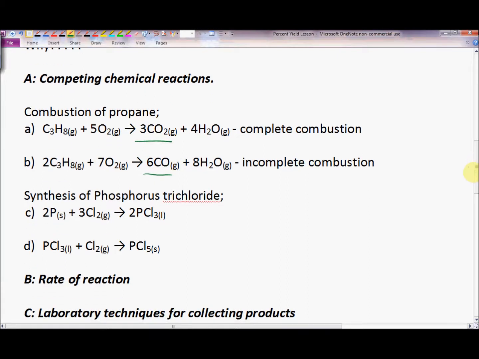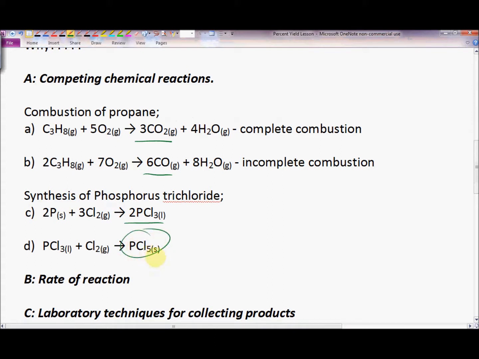Here's another reaction that we can use as an example. Phosphorus and chlorine get together and should yield phosphorus trichloride. We expect that to happen, but as that happens, some of that phosphorus trichloride has a second reaction with chlorine and forms a little bit of phosphorus pentachloride.